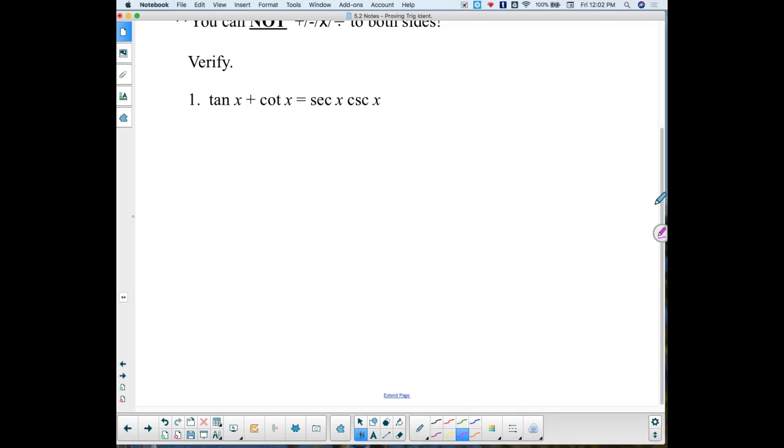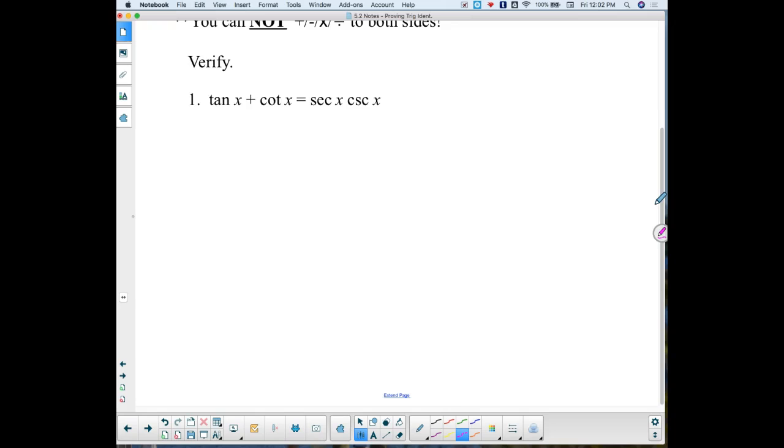Is multiplying fractions easier to do than adding a fraction, or is adding easier than multiplying? Multiplying is easier, right? So I would stay away from the multiplying side, and I would go to the adding side. Okay?